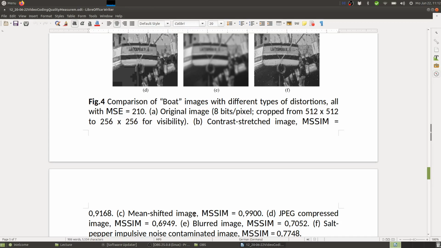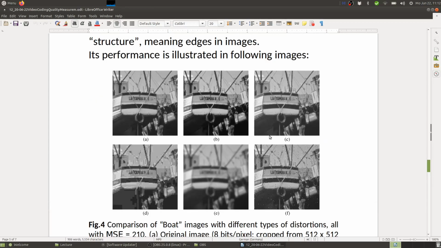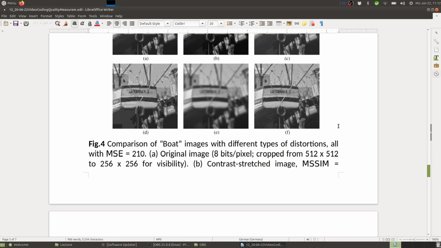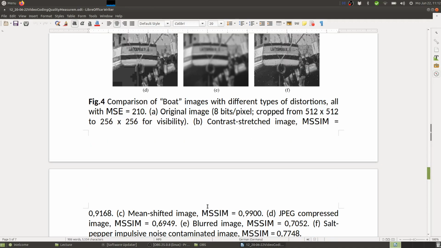So every pixel gets a certain value added, and this is like increasing brightness on your display, for instance. And this is the result. So here you can see the gray areas in the board become less gray, somewhat more light colored. And this is because of this constant addition of a value to each pixel. So it still looks okay. And that's why we have an MSSIM of 0.99, so almost perfect.